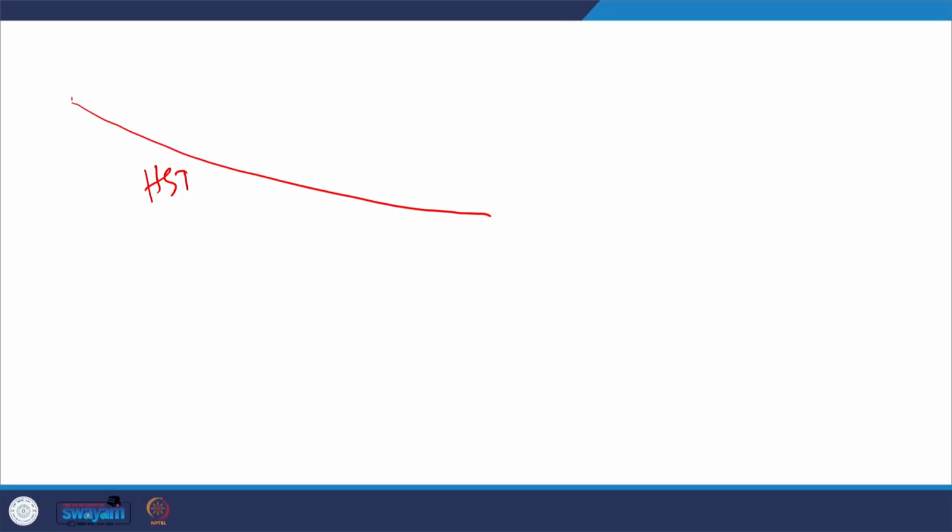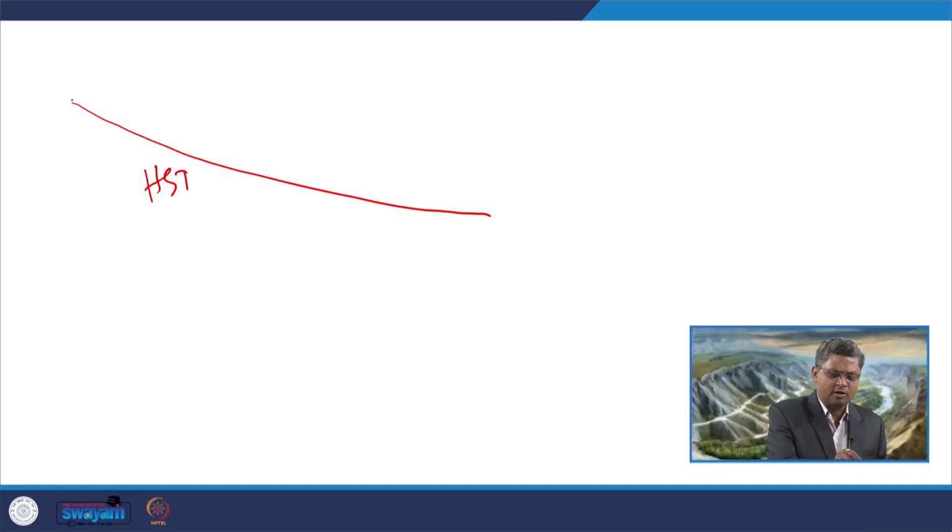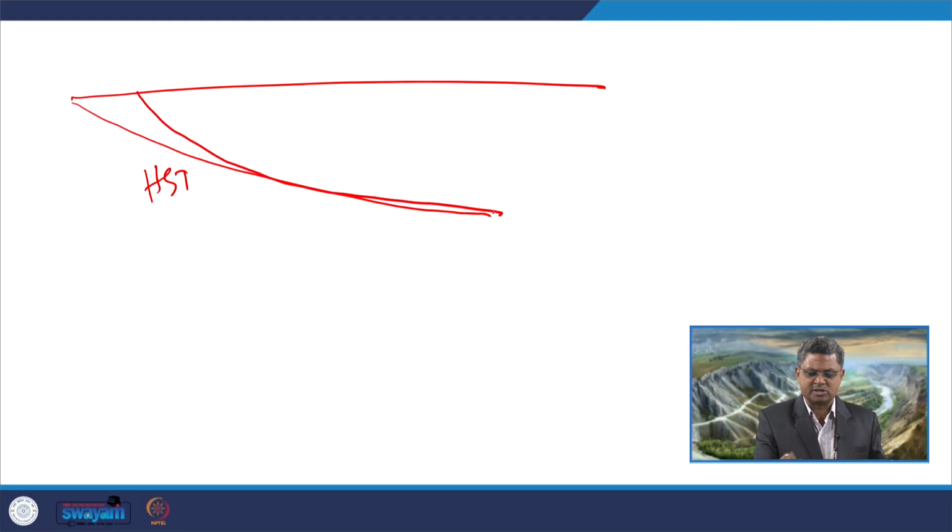So, if I draw this one, say this is the shoreface area, this is the HST part, and for this particular base level we have a wave equilibrium. So, it is going on like this. In this position the wave is reworking and it is allowing sediments to accumulate over here. So, this particular surface is the BSFR surface and this is the lever point. So, below this what is happening?